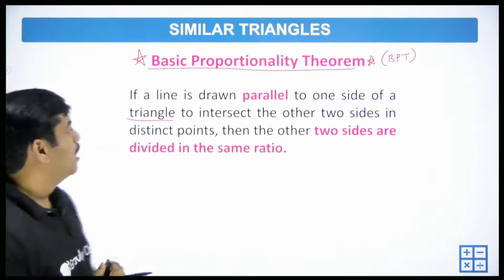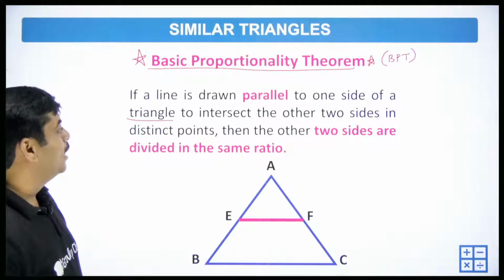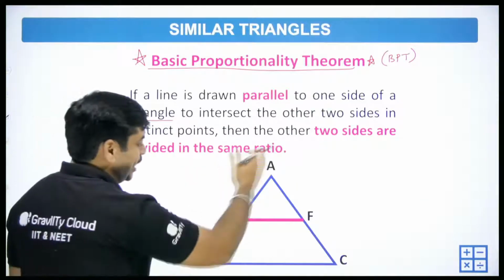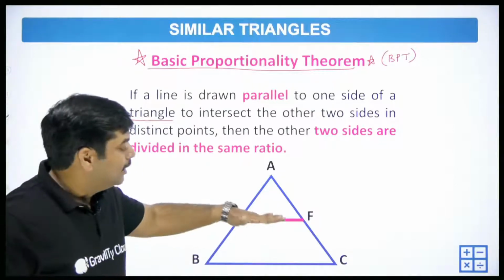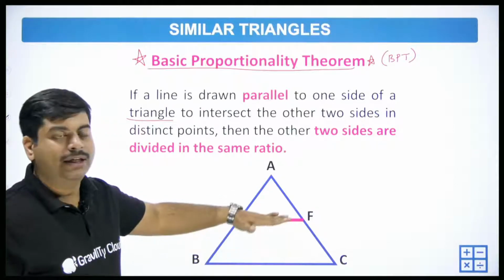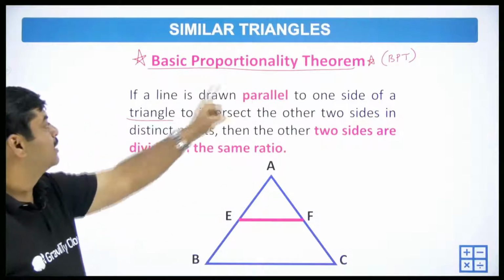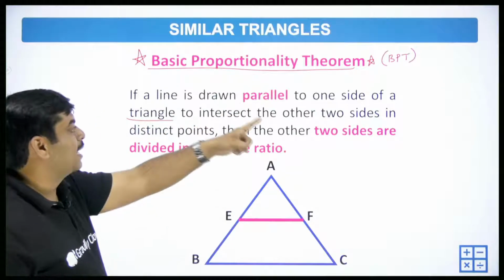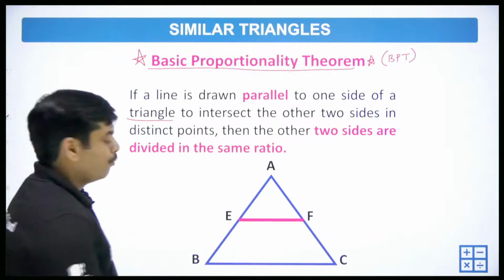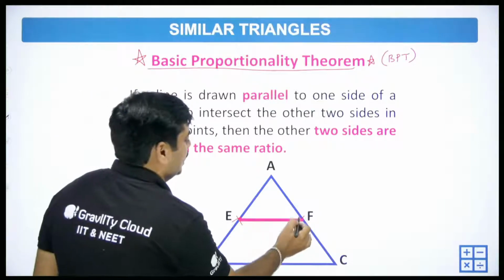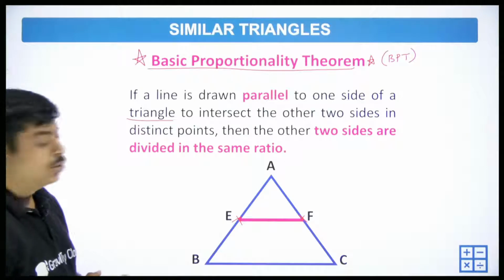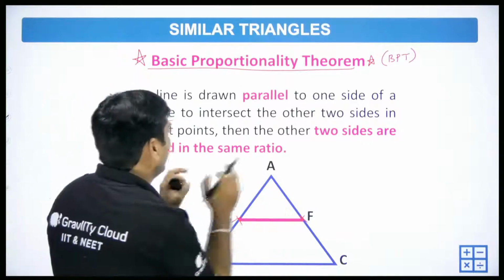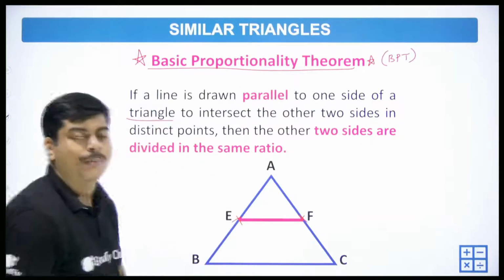We are discussing this theorem with respect to triangles only. If a line is drawn parallel to one side of a triangle, let us take ABC as a triangle, and we draw a line EF parallel to BC, intersecting the other two sides in distinct points E and F, then these two sides are divided in the same ratio.